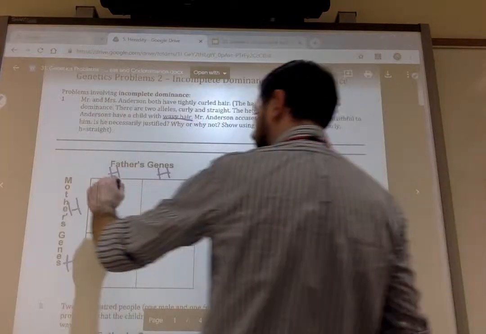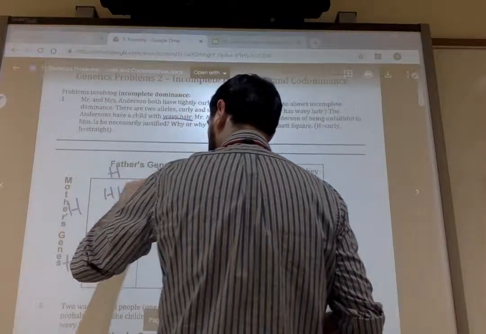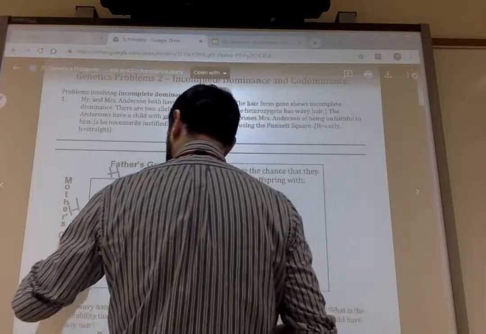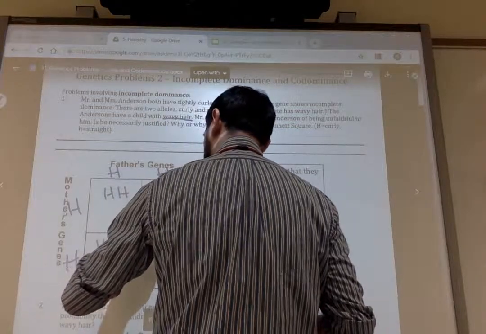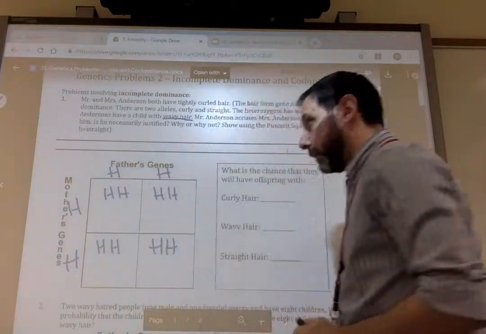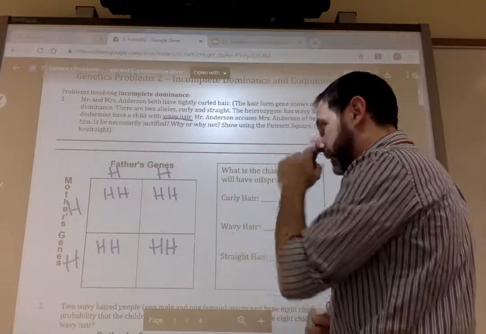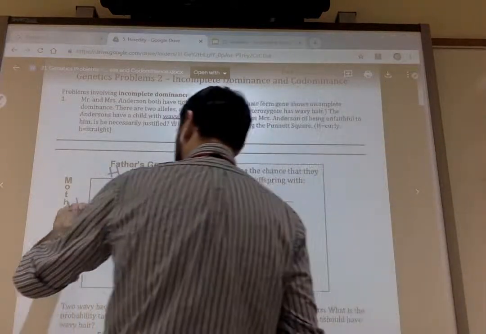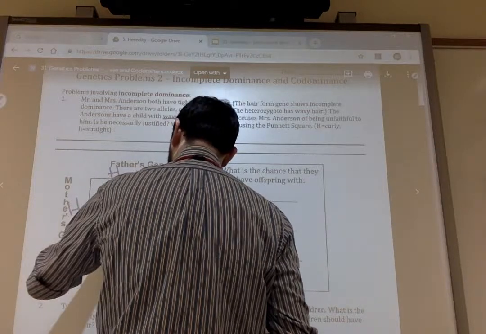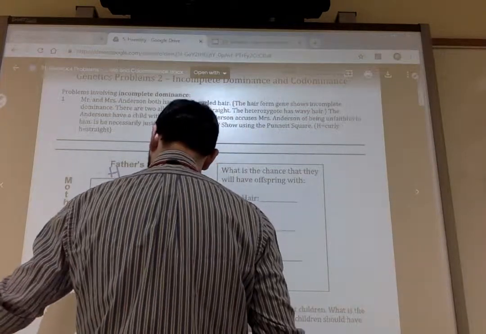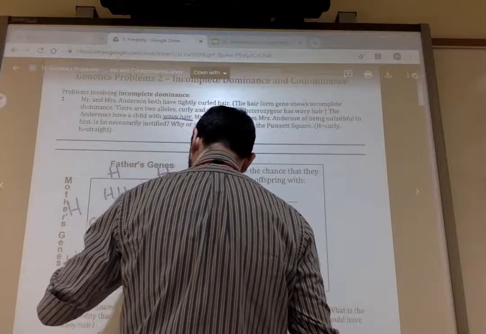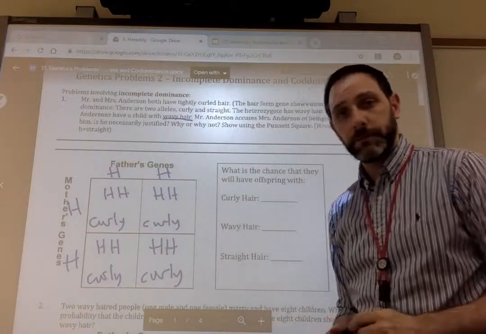So if we fill this in, all the possible offspring are homozygous dominant, which means they would all have curly hair.